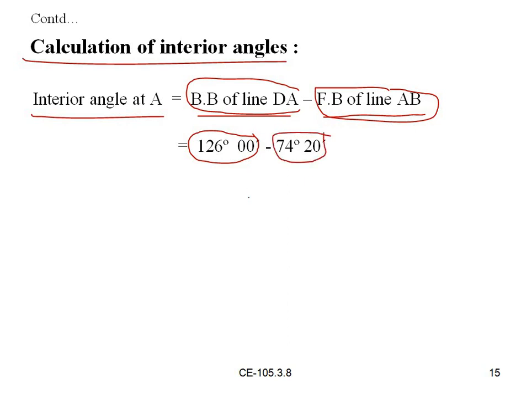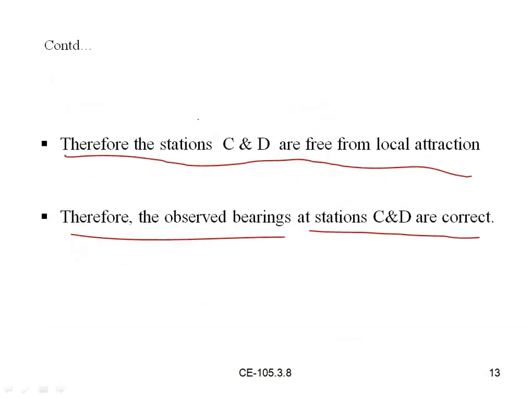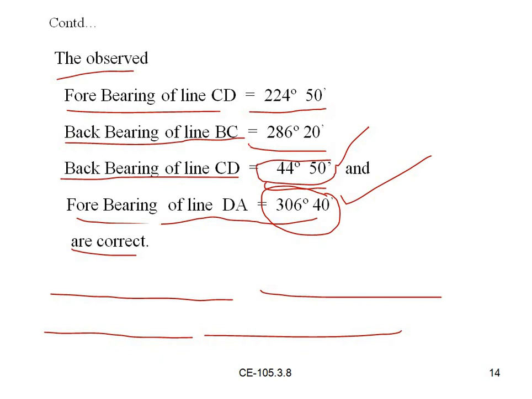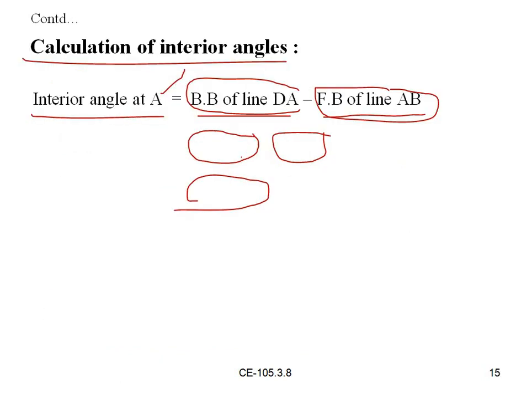Then you will get 51 degrees 40 minutes. Where is the back bearing of line DA? This is the point. We have to check this compulsorily by seeing the diagram. So we will get the answer 51 degrees 40 minutes.